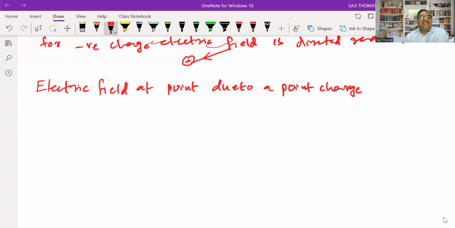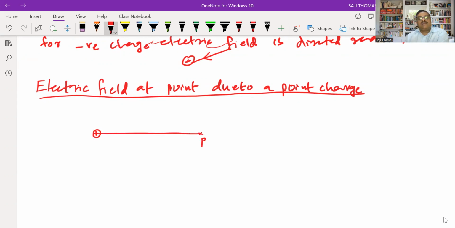See, you consider a point charge. This is a point positive charge. This point is P, at distance R. Since it is a point positive charge, the electric field is directed away.